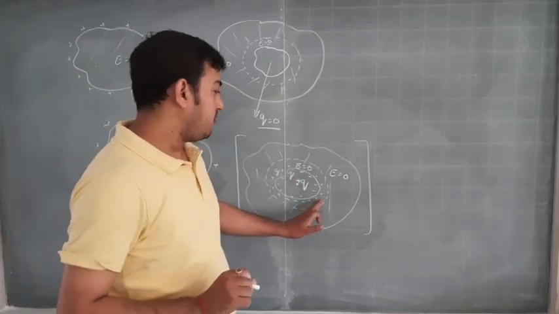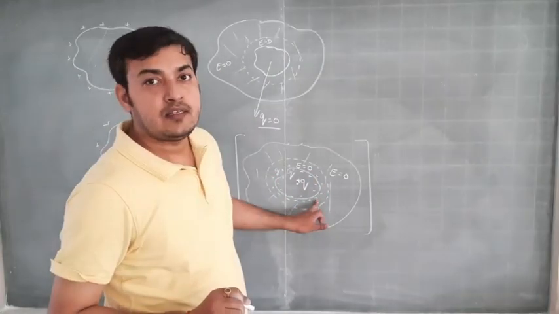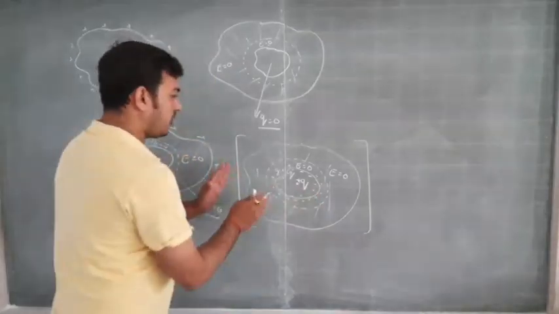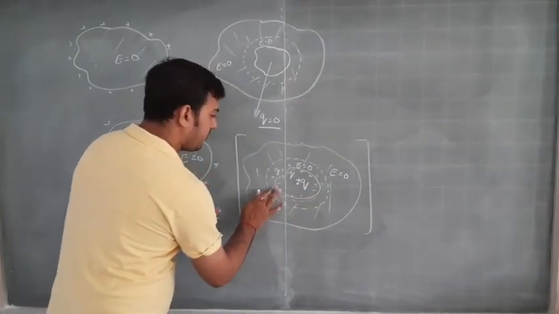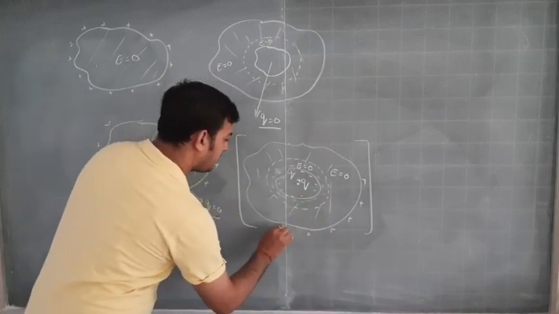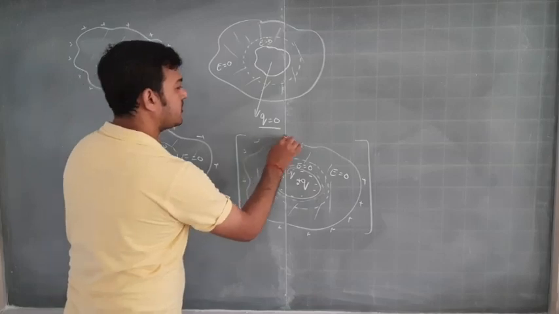But this charge will not be here, since no charge can reside inside the conductor. So this charge will immediately flow and appear on the outer surface of this conductor.